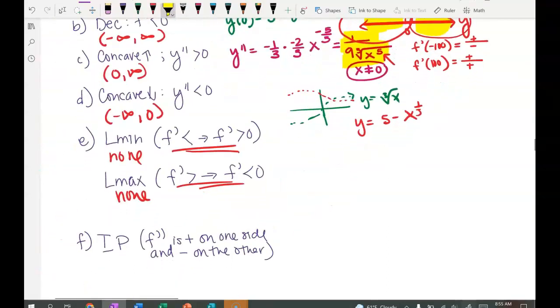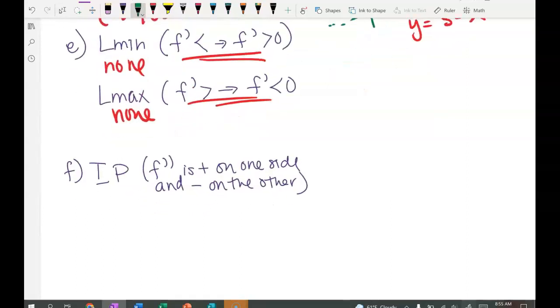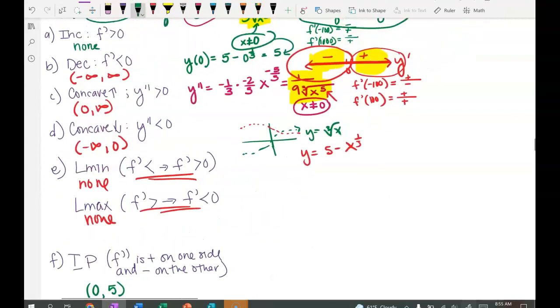So we have an inflection point, even though the first and second derivatives do not exist at x equals 0, because it does exist in the original, we still have an inflection point, and the inflection point is at 0. Plug into the original and we get (0, 5), because we did it right here, okay, and that's the end of example 4b.